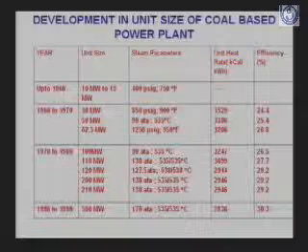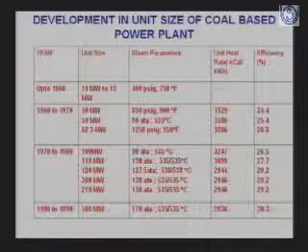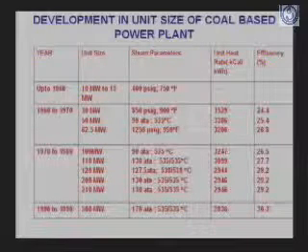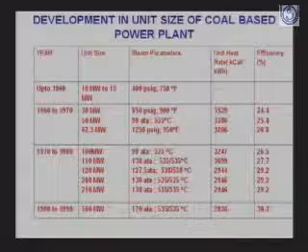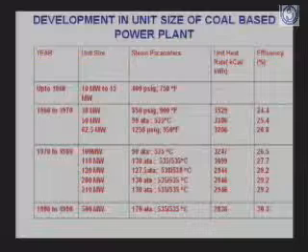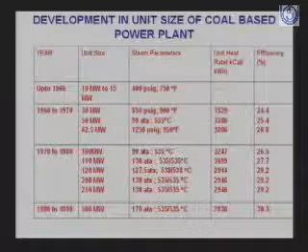Now still the innovations went on taking place over the units, 120 megawatt unit, 200 megawatt unit, 210 megawatt unit, and you could see the efficiency continuously rising from 26.5 to 27.7 and stabilized at 29.2.